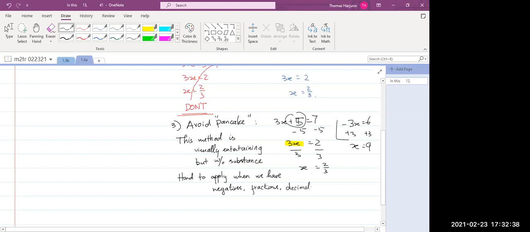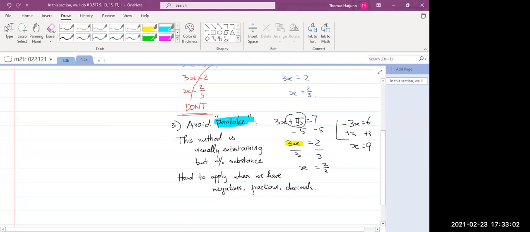In other words, the only time it will be easy to do is when you have integers. Okay, when you have integers only, then it is easier to deal with. And the integers have to be positive numbers. When it is a negative number, it gets harder. Okay, especially when the number gets bigger, you can pancake and still get it wrong. In other words, do not rely too much on this pancaking method.